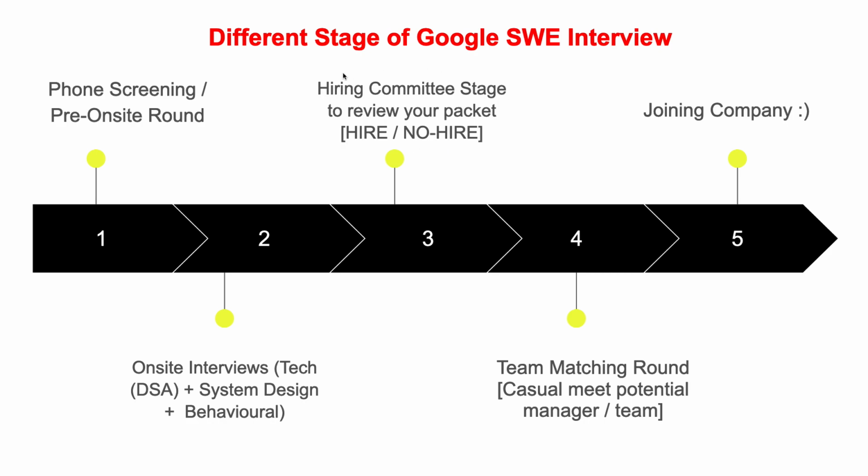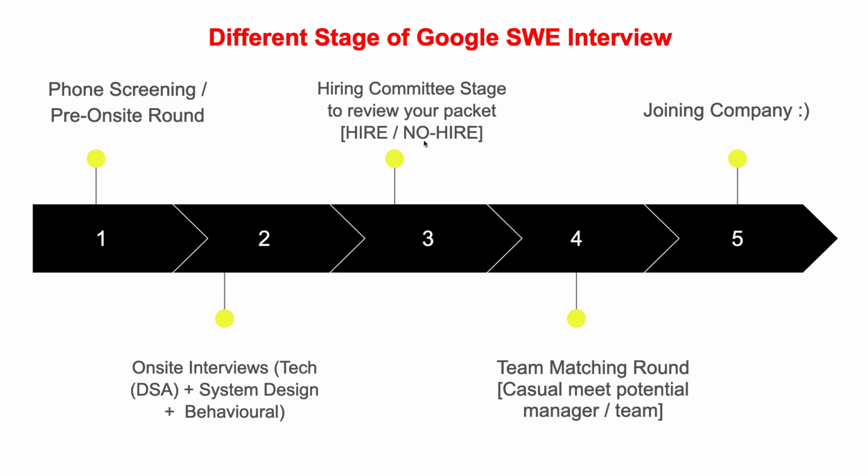So this hiring committee is totally anonymous. These people won't be part of your interviews. They will be just some random set of people who go through different candidates' packets and come up with a decision whether to hire or no hire. Generally they comprise very senior engineering leaders.